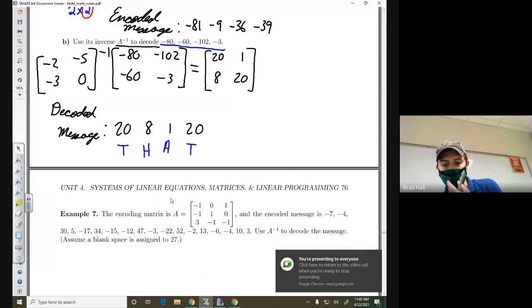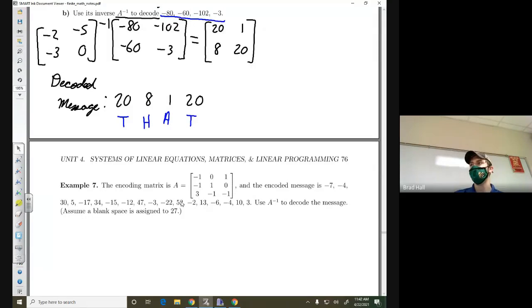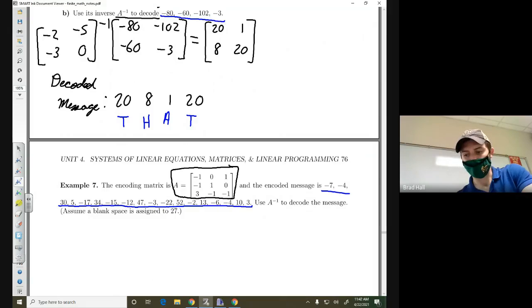For example 7, the encoding matrix is now larger than before. It's now a 3 by 3 that they give us. And they give us a very large encoded message, quite a number of characters here. Like it might be 18.